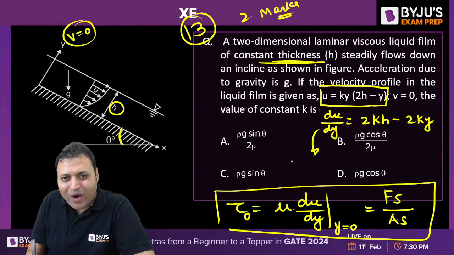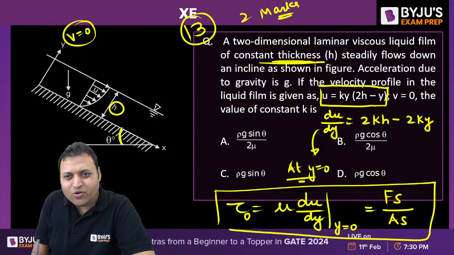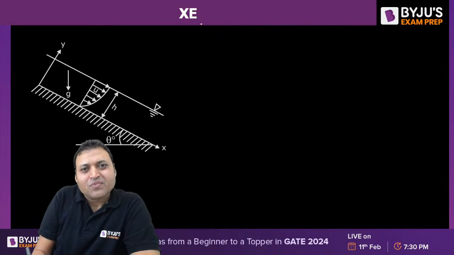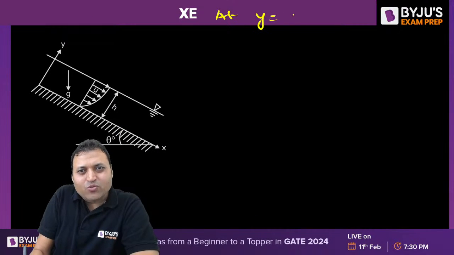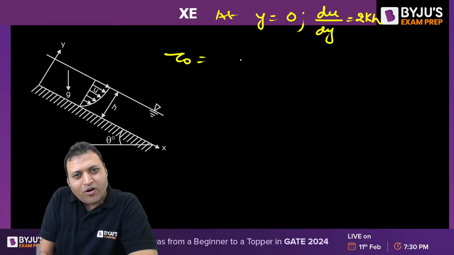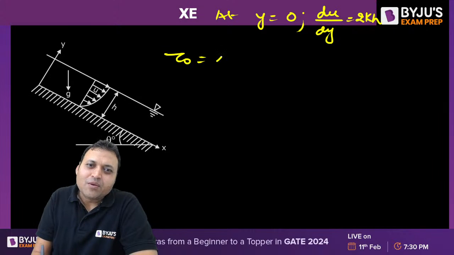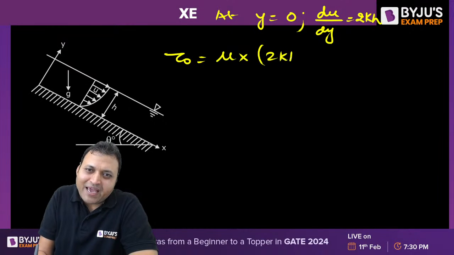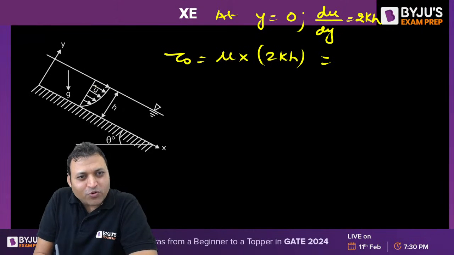And at y is equal to 0, du by dy is equal to 2kh. So tau naught is equal to mu into 2kh, which is equal to force upon area.